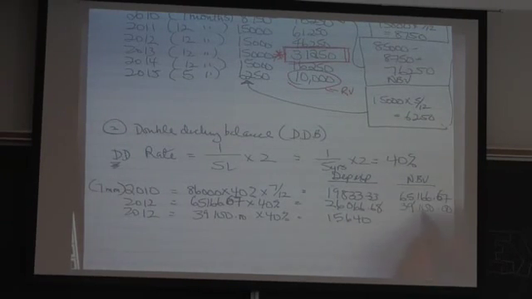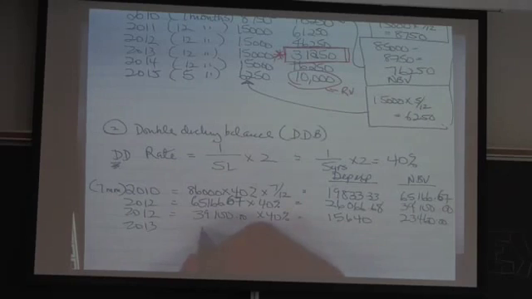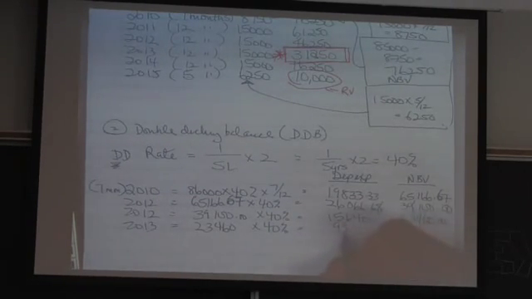The net book value will be the difference between these two, which is 23,460. 2013 is 23,460 times 40%, which is 9,384.